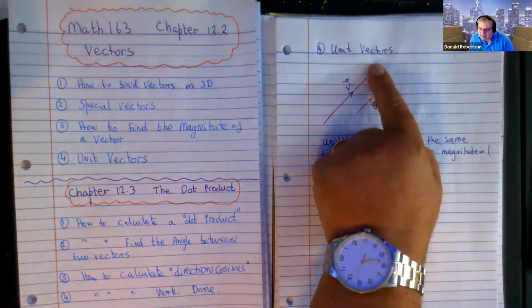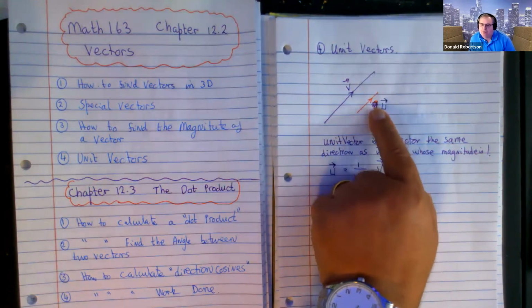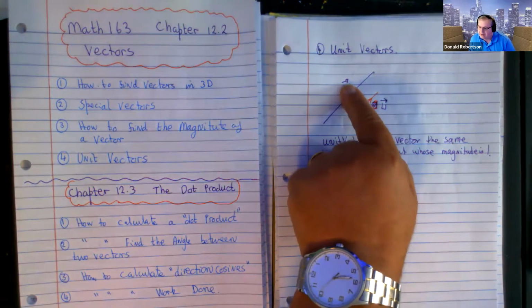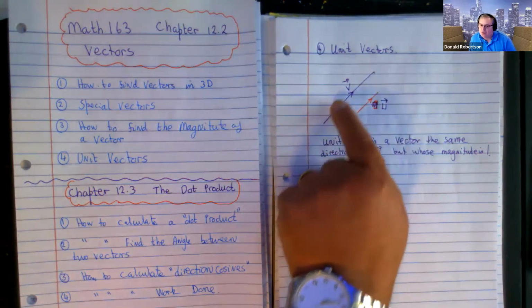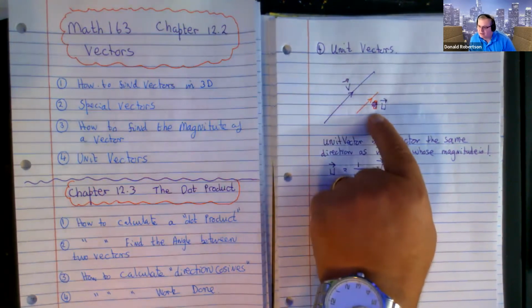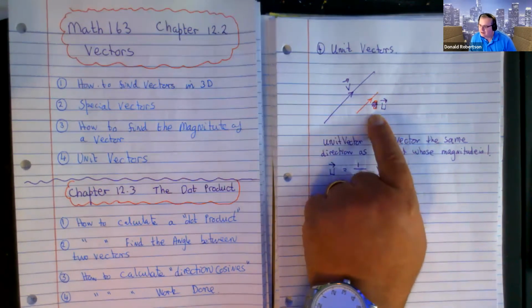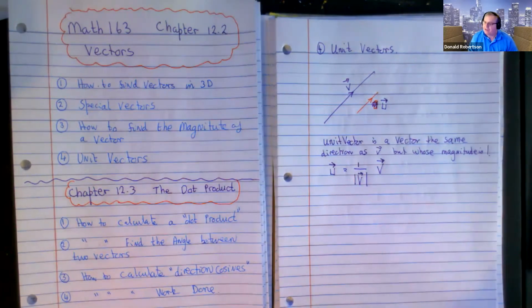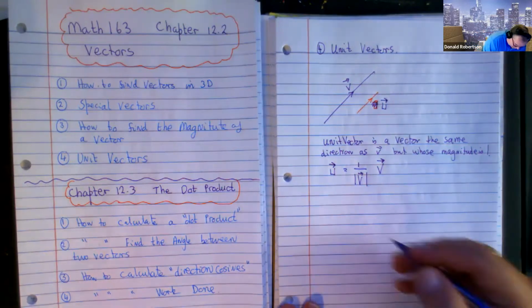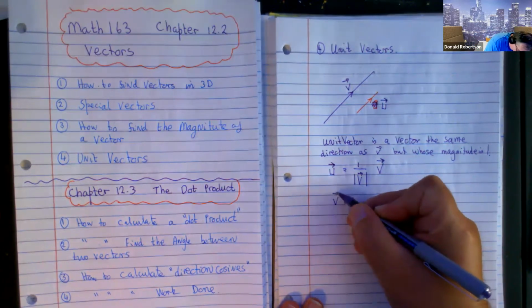And if it's 10, then this guy is going to be 1/10 that guy. Now, if that's 10, 1/10 of it gives you a vector that's 1 unit long, right? You've reduced everything by a factor of 10.